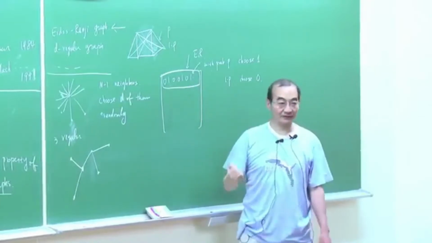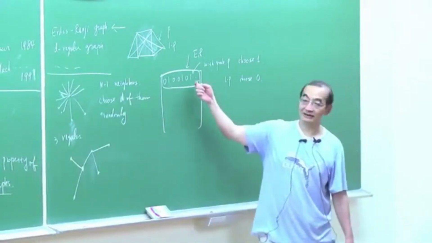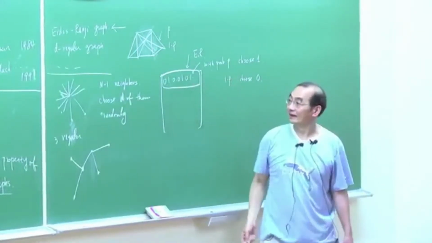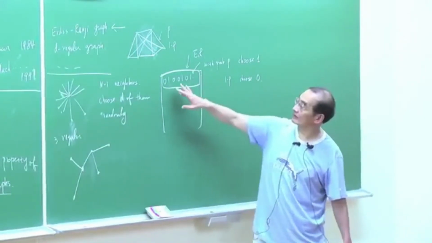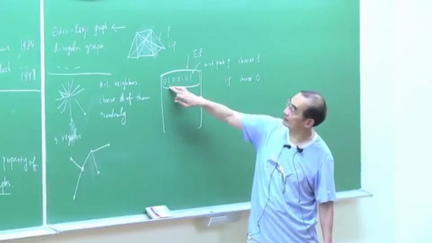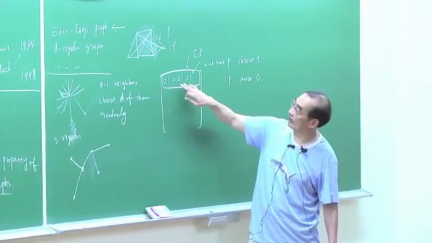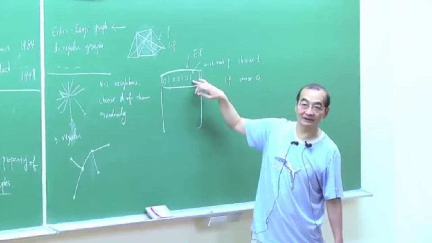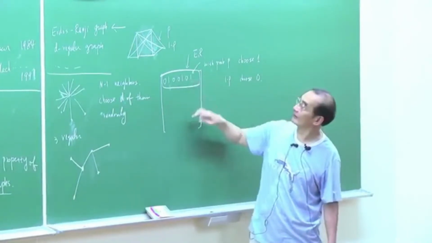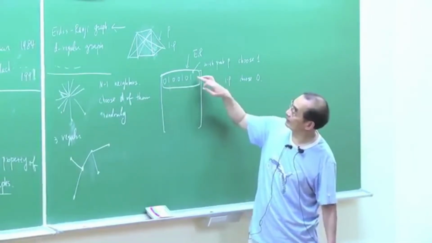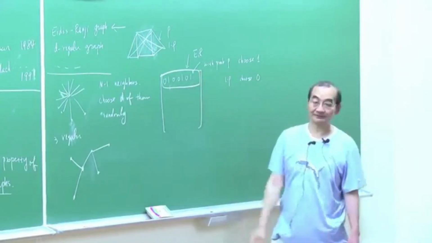On the other hand, a D-regular graph has a constraint: if I assume it's 3-regular, once I choose these three to be 1, I know everything else will be 0.